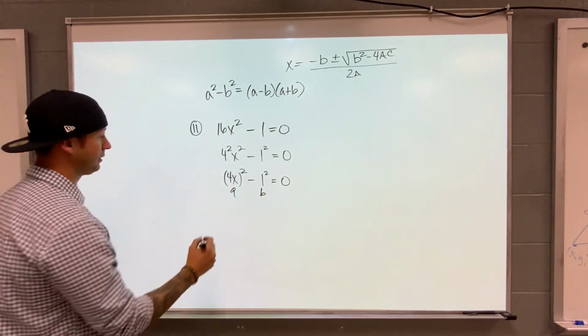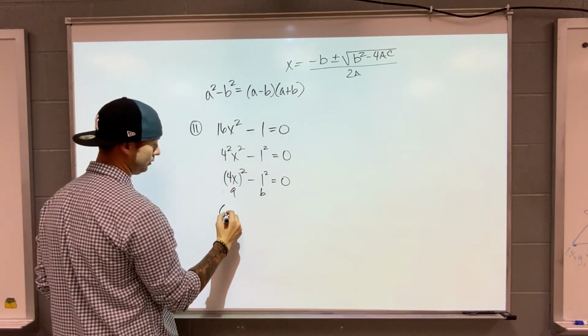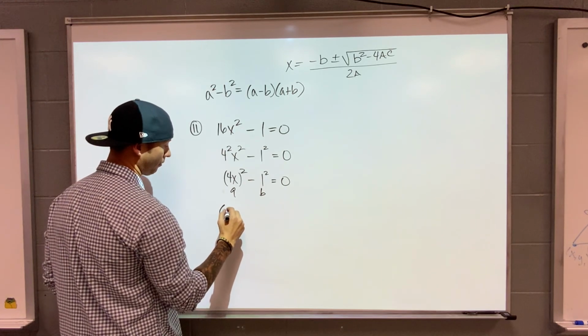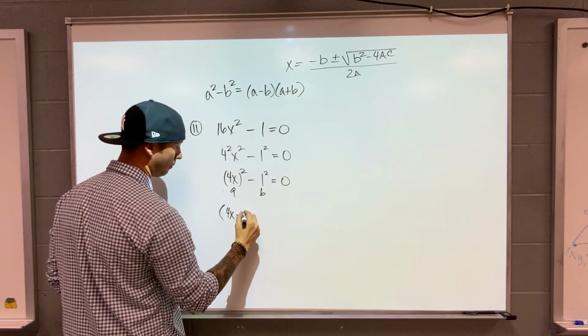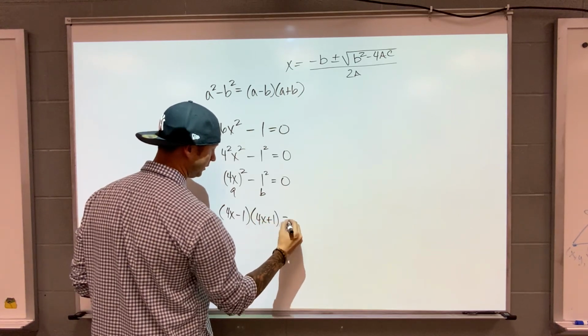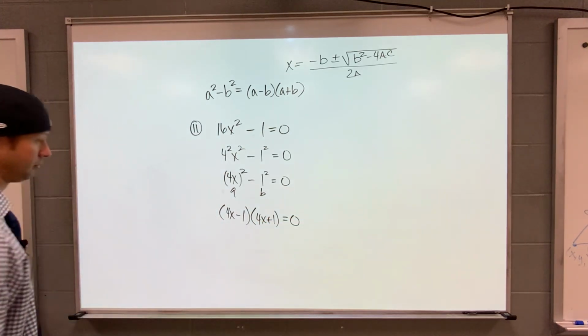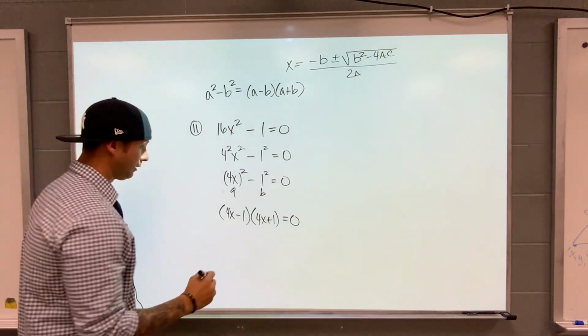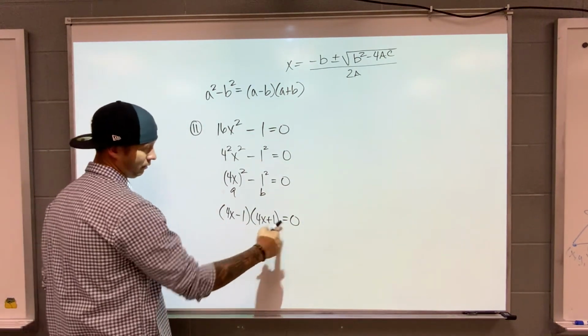So I can rewrite this into 4x minus 1, 4x plus 1 is equal to 0. Set each of these equal to 0, because two things being multiplied equals 0, one must be 0.